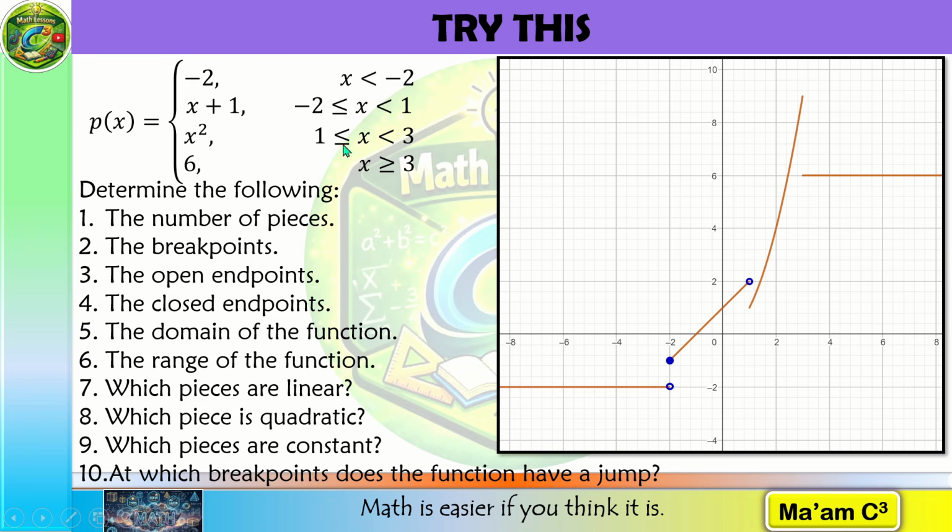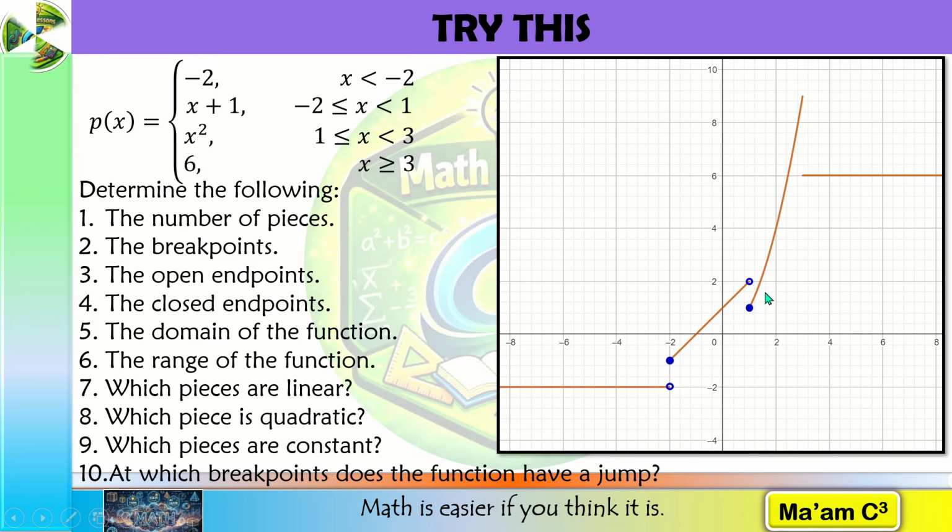Next one, if x is equal to 1, 1 squared is still 1. So if x is equal to 1, our y is 1. At 1, 1, it's a closed circle. If x is 3, it's an open circle. So if this is 3, 3 squared is 9.